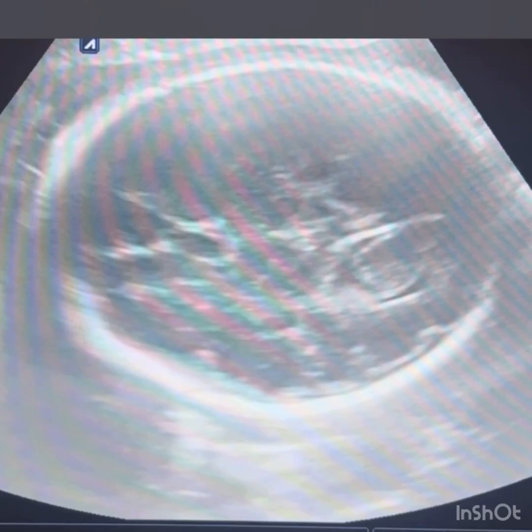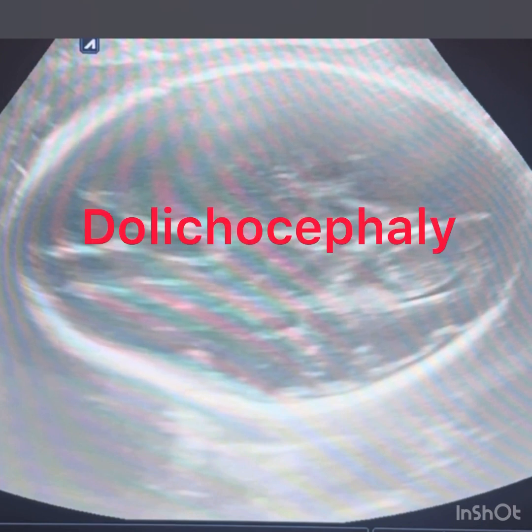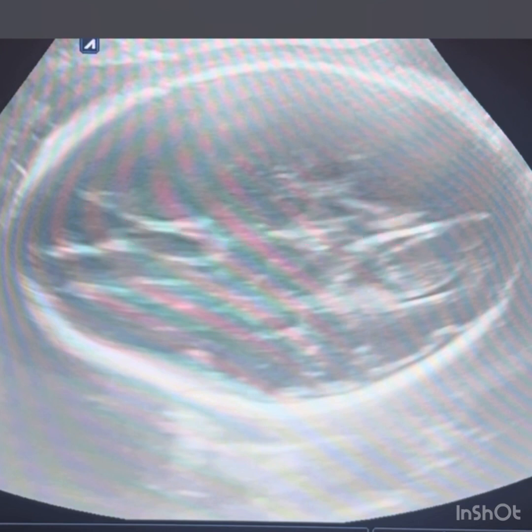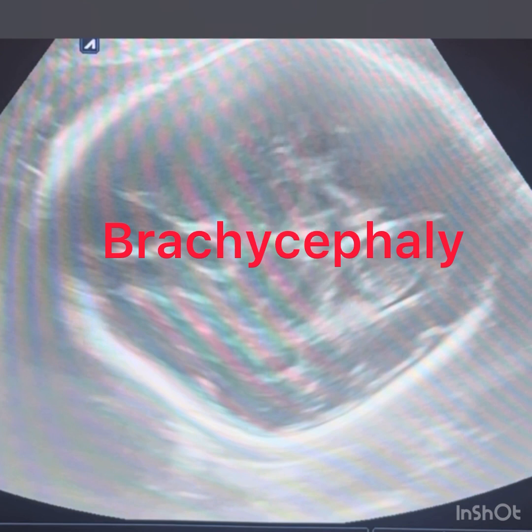Normally, the fetal head has an oval shape, but in some craniosynostosis conditions, it may be more oval or elongated, called dolichocephaly, and it may be more round, called brachycephaly.